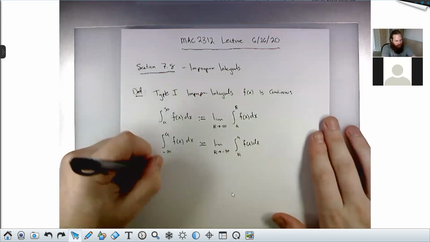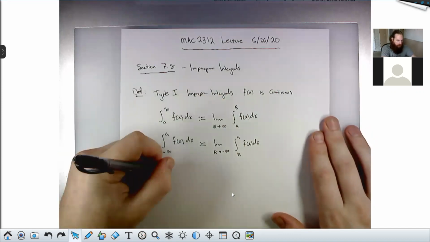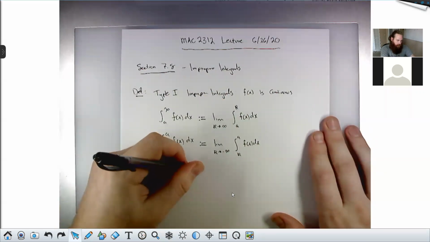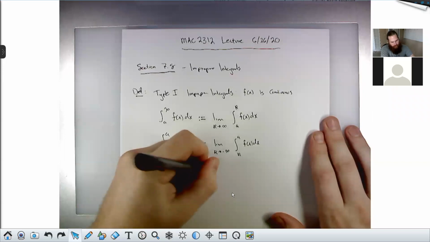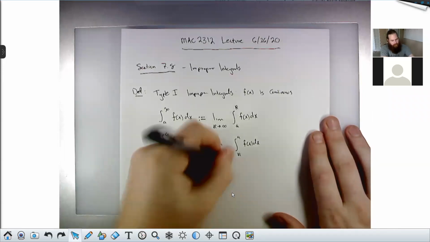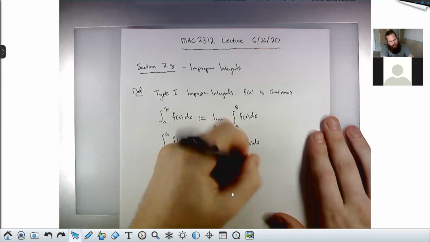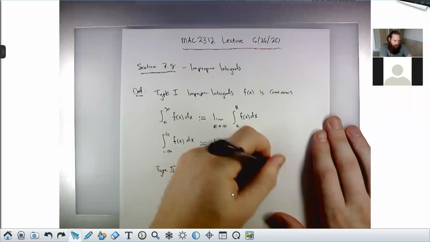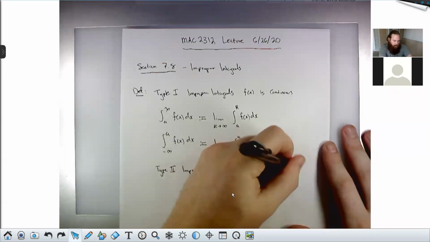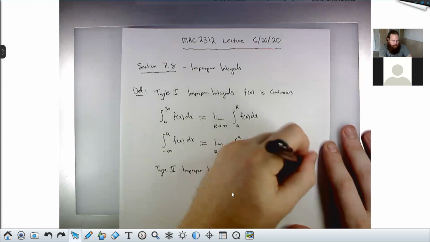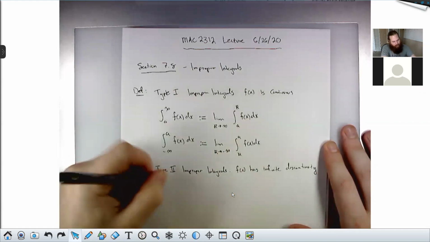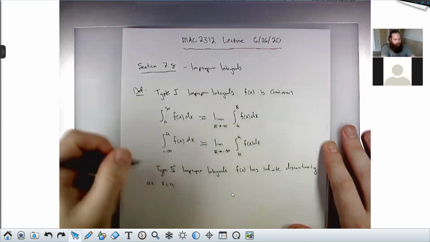Type 2 integrals. Here, f of x has an infinite discontinuity at x equals a.